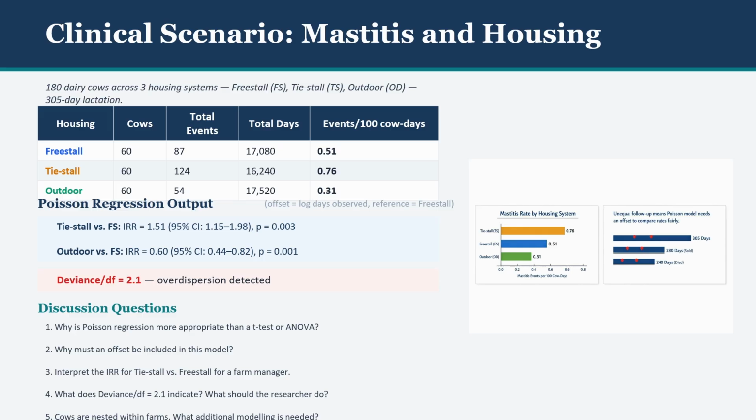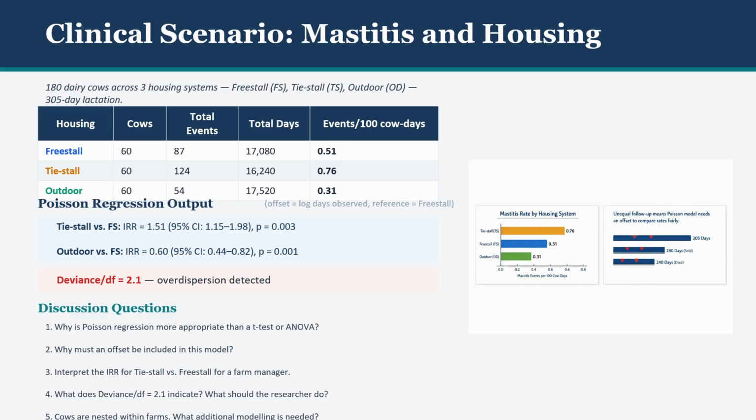A t-test or ANOVA would assume normally distributed outcomes and could predict negative mastitis counts, which is biologically impossible. Poisson regression is designed for count and rate data and models the log of the event rate, ensuring predictions stay positive.